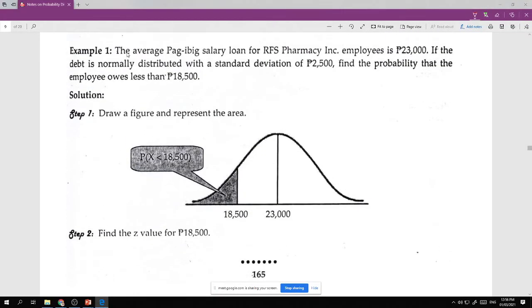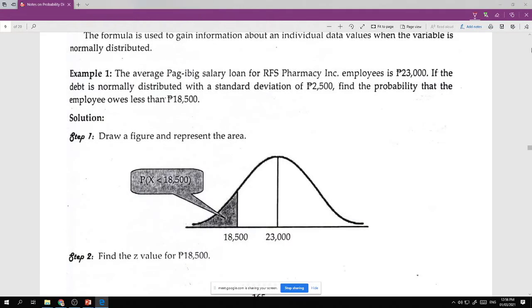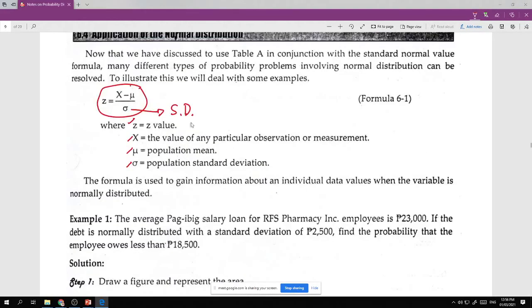Problem number 1 states, the average Pag-ibig salary loan for RFS Pharmacy Incorporated employees is 23,000 pesos. So this is our given, the 23,000. This is the population mean.